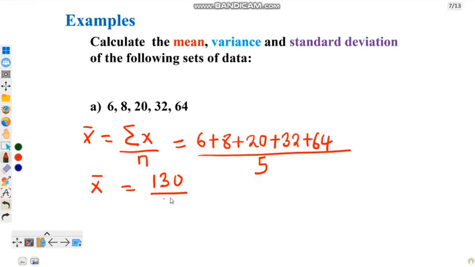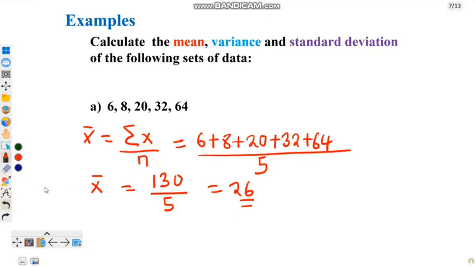I'm emphasizing to you to go through as well. So 130 divided by 5 will give us 26. So the value of the mean is equal to 26.